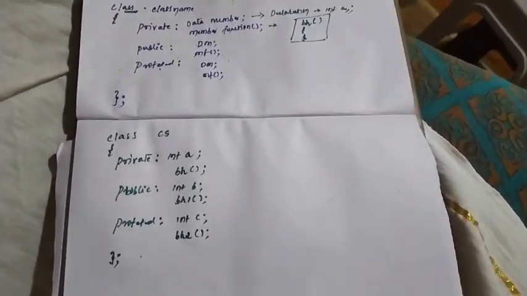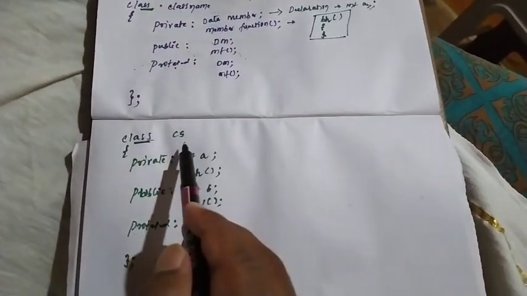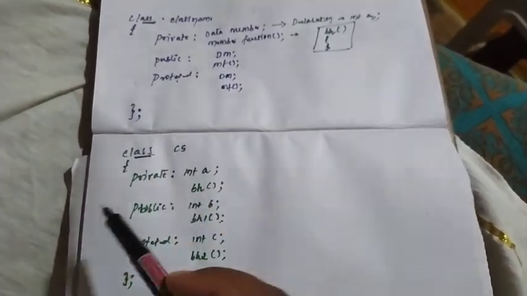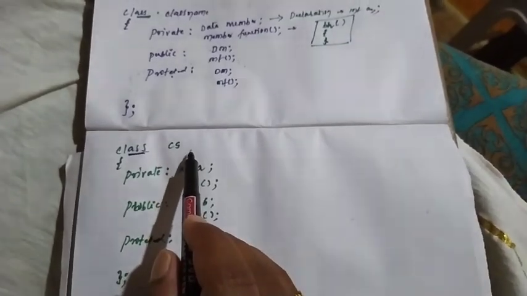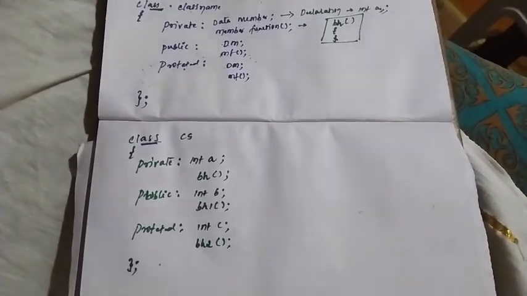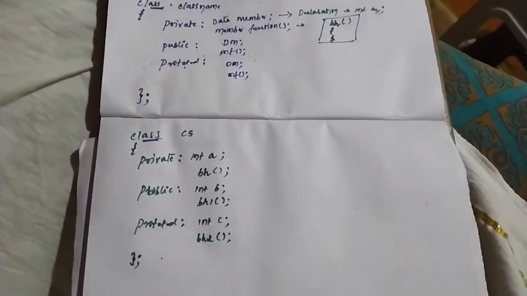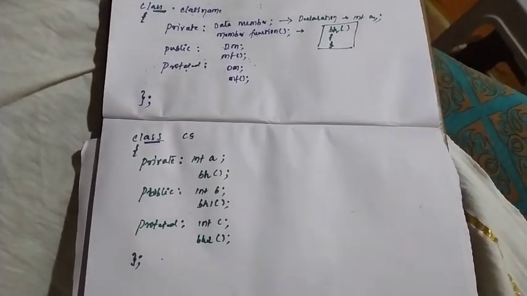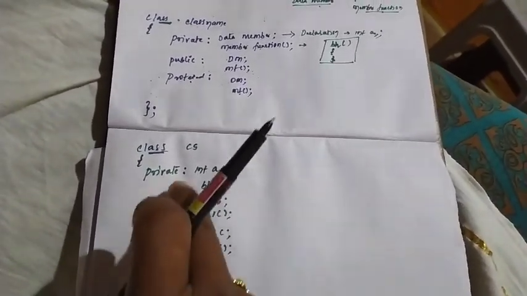Dear students, class is a keyword. Class name can be anything. Here I have declared CS, and the access specifier is supposed to be written the same way. These three access specifiers are not compulsory. It doesn't mean that each and every program should be defined with all three.